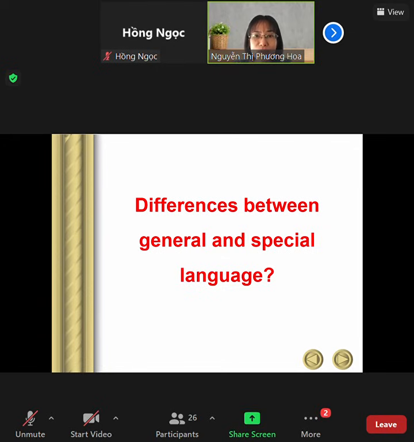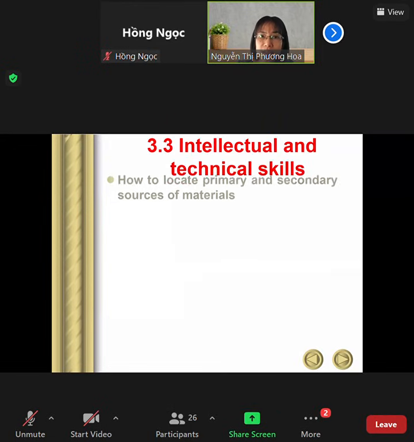Daily use. The special language used in some areas is much more professional, like the medical area, and in our profession too, right? And later on, we will discover that special language used in the law area is quite strange and quite different from ordinary language.